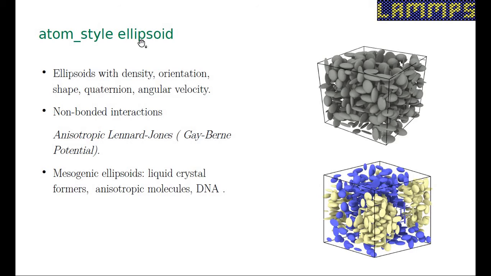The atom style ellipsoid uses different properties, such as the density, the shape, the quaternion, and the angular velocity. These parameters are required because these particles are anisotropic and possess a certain orientation.